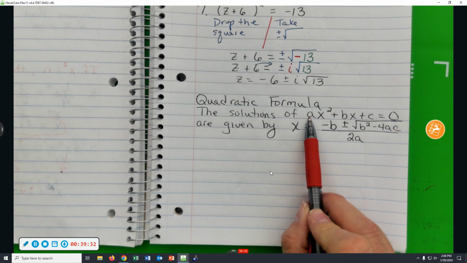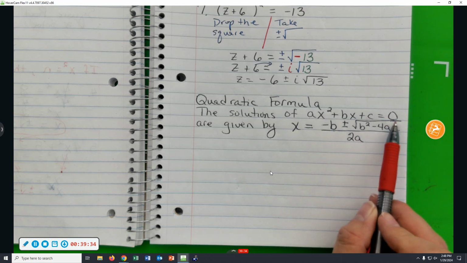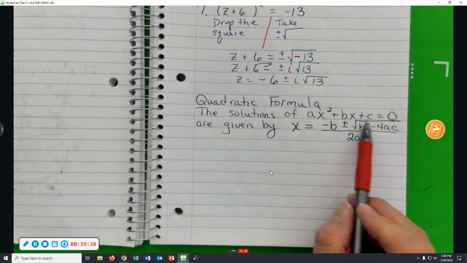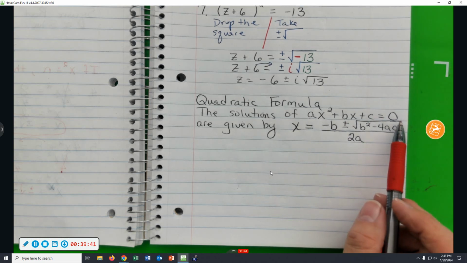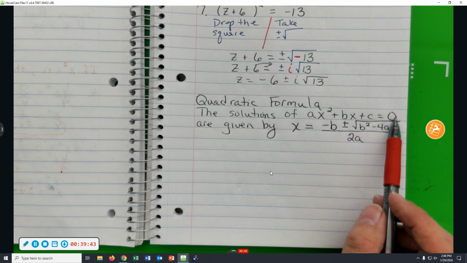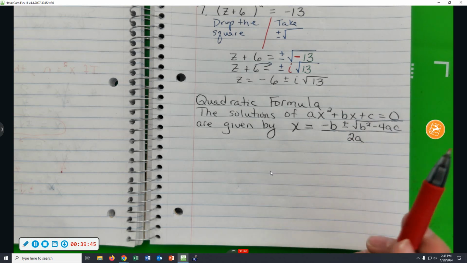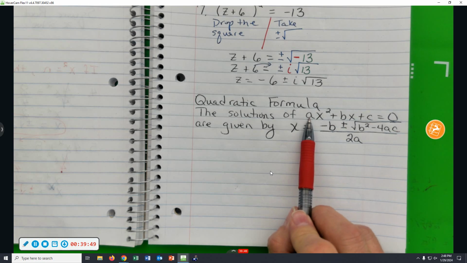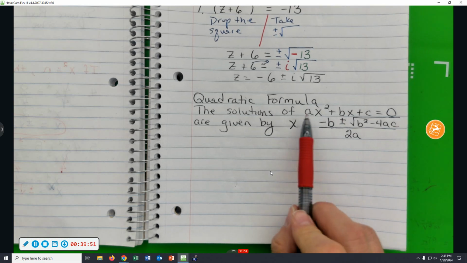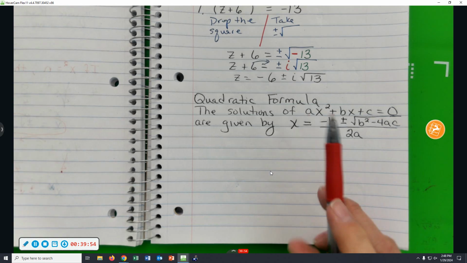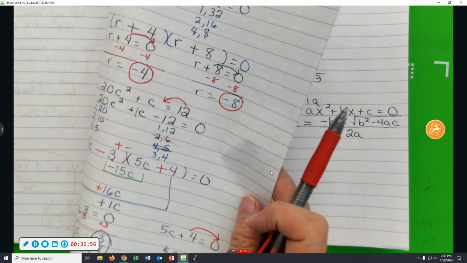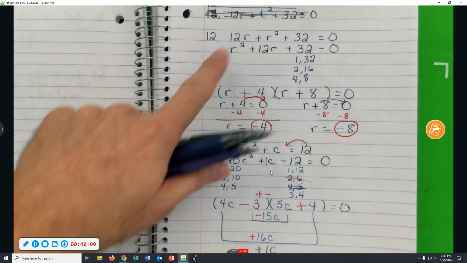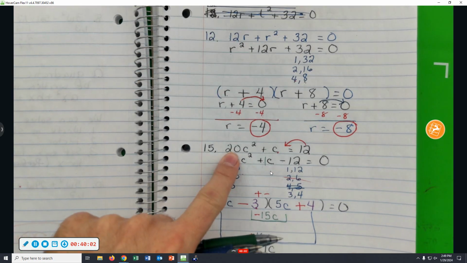In order to use that quadratic formula, it has to be in this standard form. x squared, x, constant equals 0. It doesn't really matter if it's the zeros on the right or on the left. But what I always prefer is for a to be positive. When we were doing factoring the last time, I said it's sensible to assume that that first number is always going to be positive.